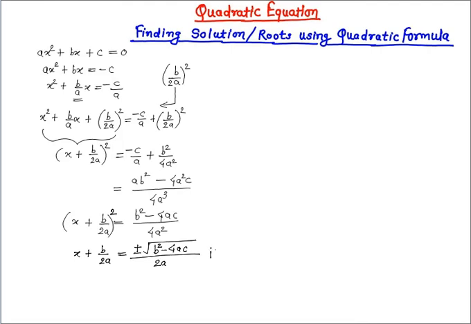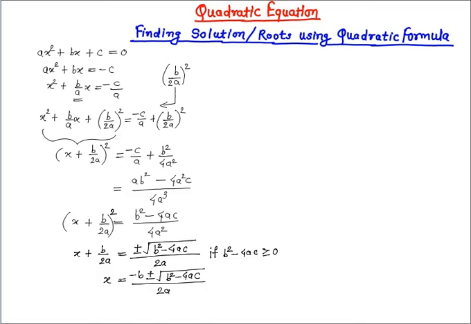And this is possible if the numerator b square minus 4ac is greater than or equal to 0. So what will be x here? Minus b plus minus square root of b square minus 4ac divided by 2a.